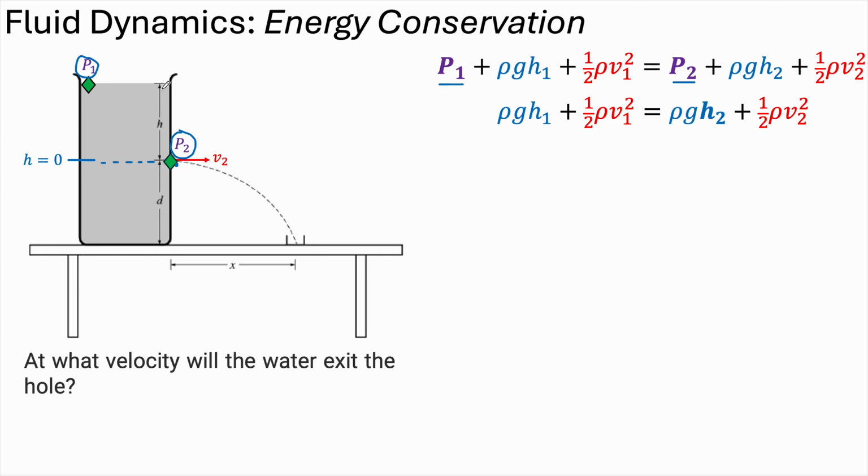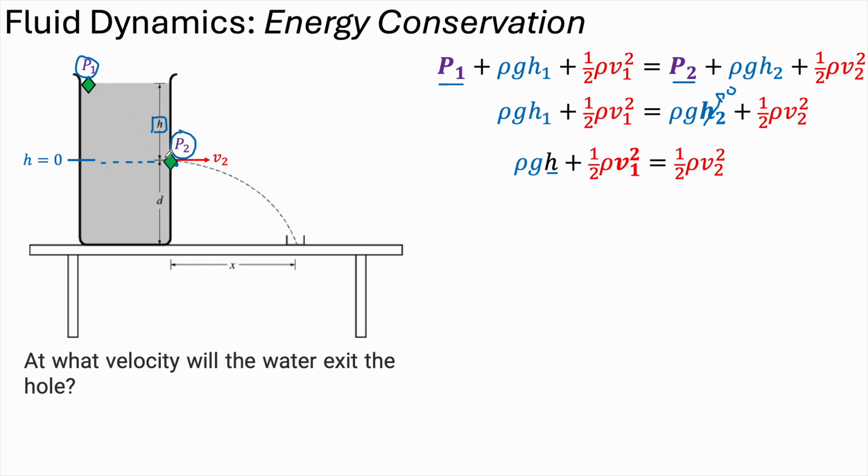Again, remember, you can set height equals 0 anywhere you'd like. If you do that, this height over here is going to be 0 because it's at that point right here. This is point 2. And so it simply becomes this. And then the height here is simply going to be h, where this is the h that we're talking about right here. The next question I have is, what's the velocity at this point over here?